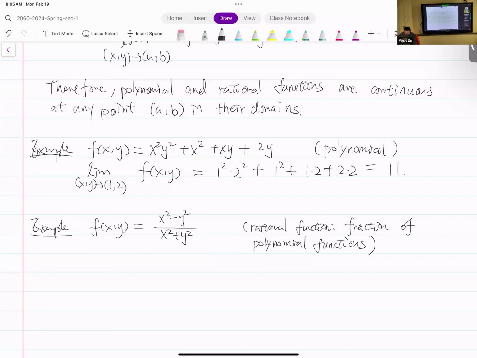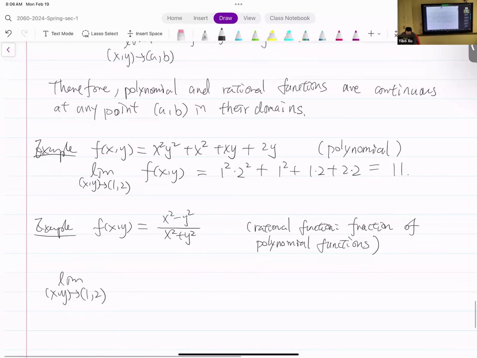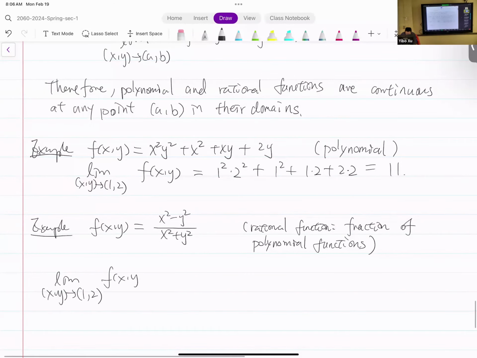Okay. And then if you think about the point 1, 2, right here. If you think about 1, 2, it's definitely in the domain of the function. So that tells you what? It tells you you can take the limit where your xy pair goes to, so here, let's just do 1, 2, of our function right here. So this is exactly an evaluation. Okay. So 1, 2 is in the domain.